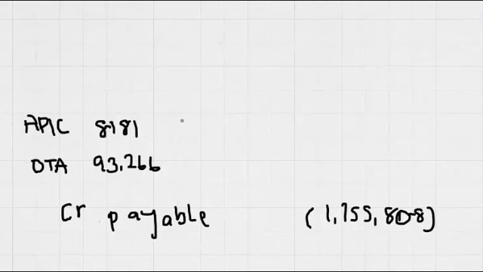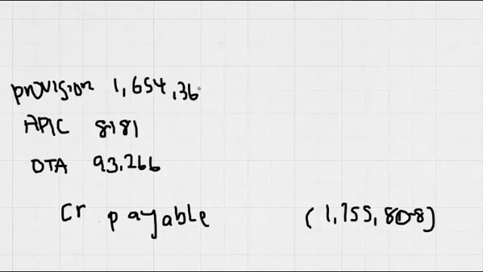Alright, and then to balance, we have our federal provision expense, and I'm calculating that to be 1,654,360.